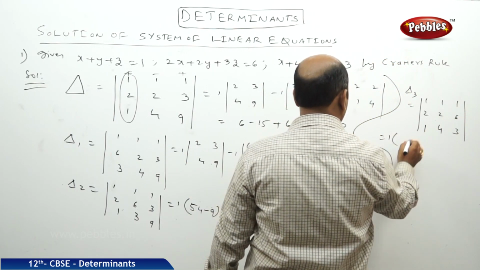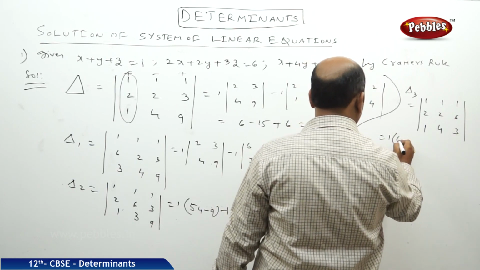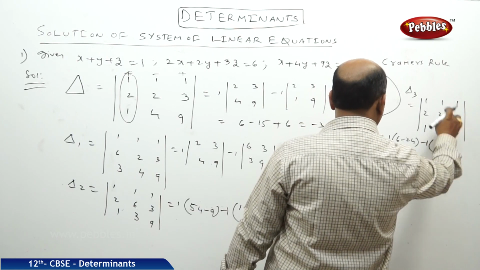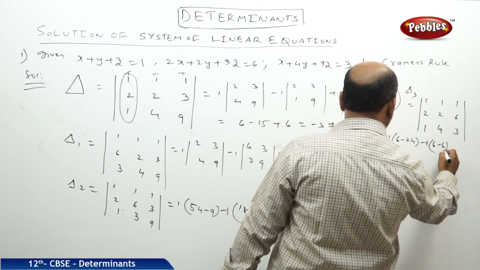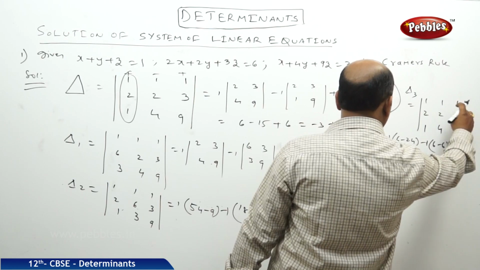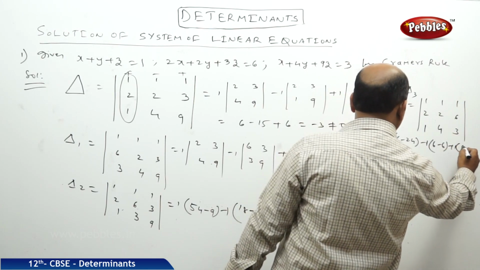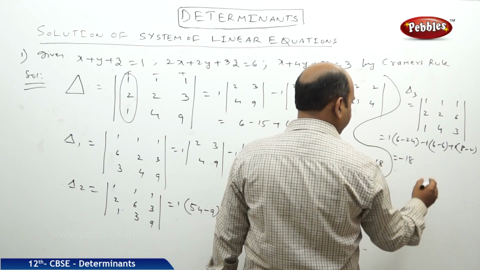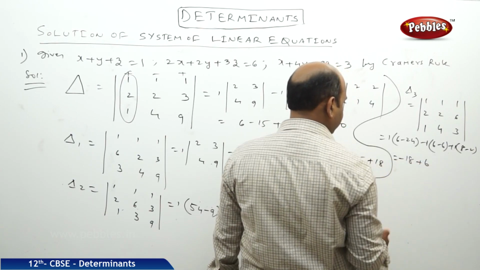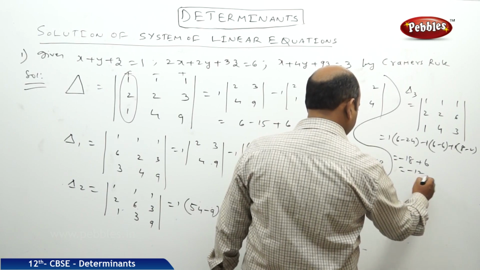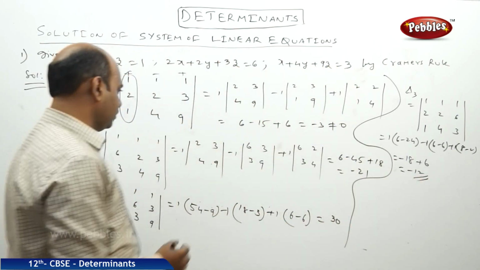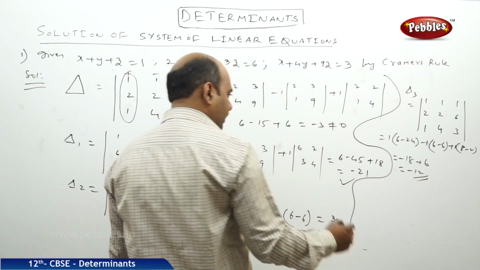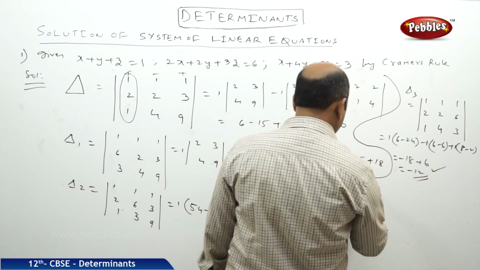So 1 into 6 minus 24 this time, minus 1 into 6 minus 6, I will be very happy if 0 comes, and plus 1 into 8 minus 2. So minus 18 plus 6 will be minus 12. So delta 1 I obtained as minus 21, delta 2 is 30, delta 3 is minus 12.